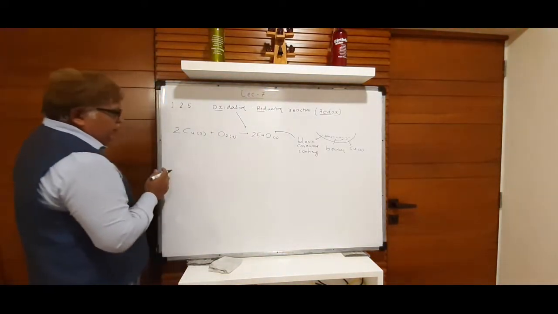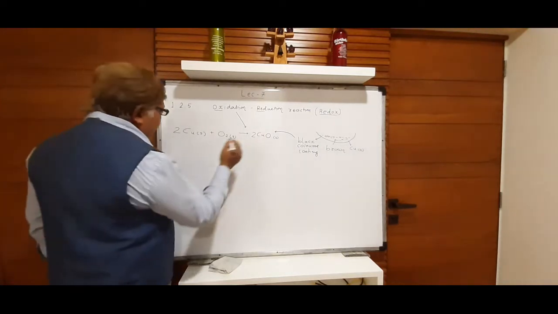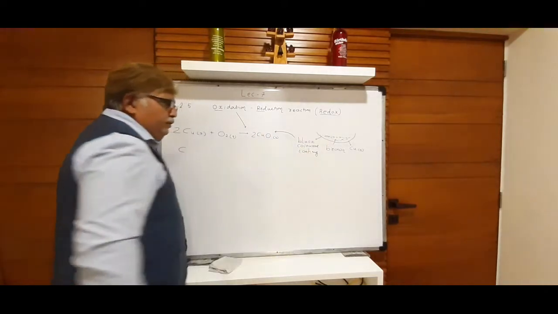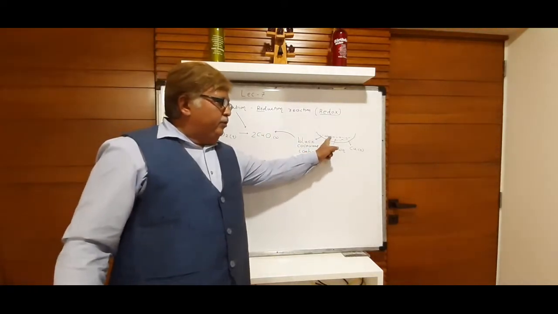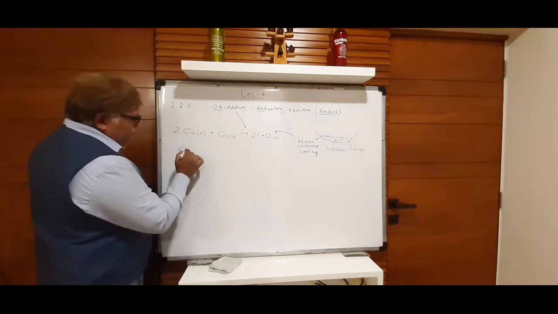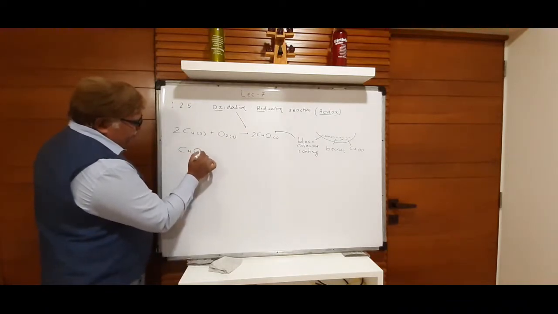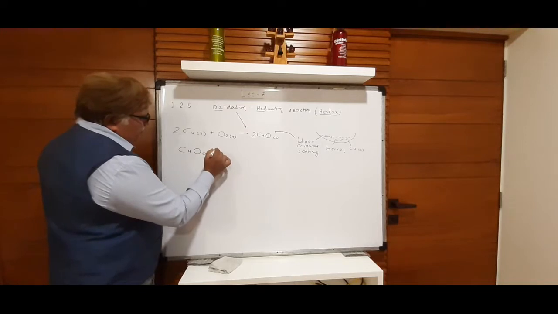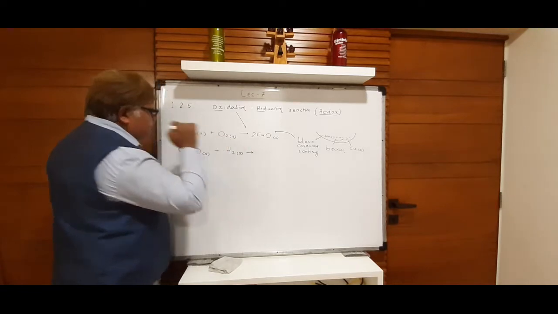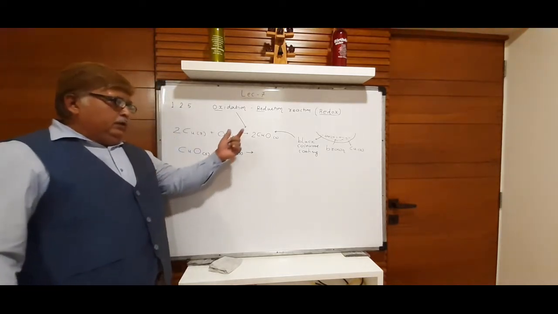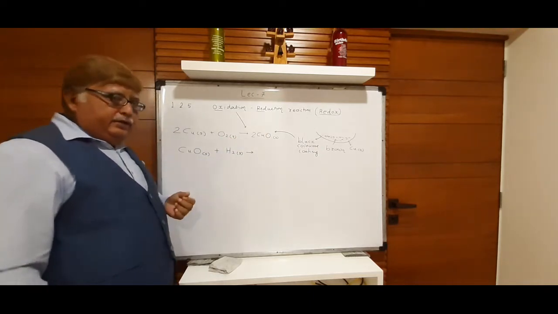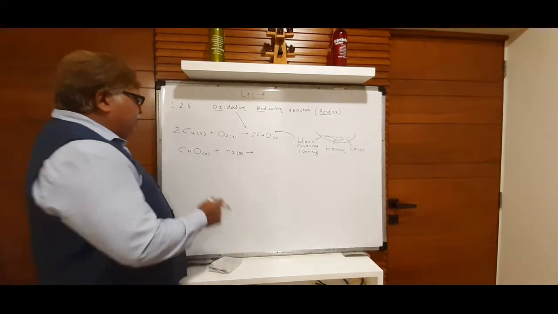Suppose now, if I pass hydrogen gas over the same vessel, where initially there was copper powder and a black colored coating of copper oxide, if hydrogen gas is passed over the vessel consisting of copper powder and having a black layer of copper oxide on it, what happens?